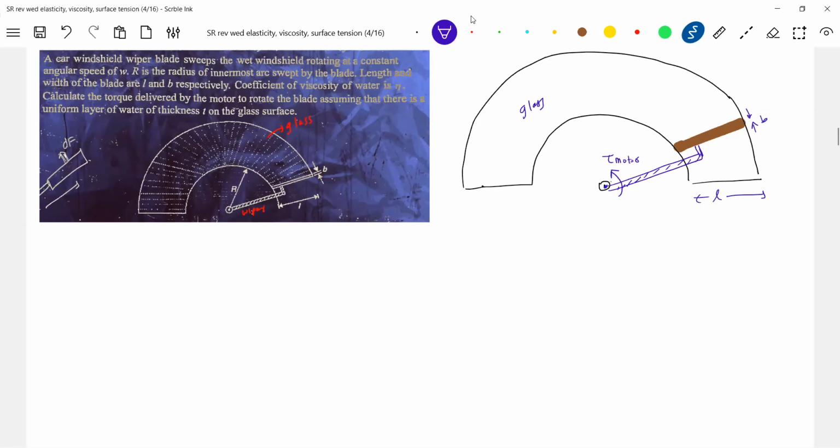This will be rotating with an angular velocity, rotating at a constant angular speed omega. Okay, let me take a small element here.